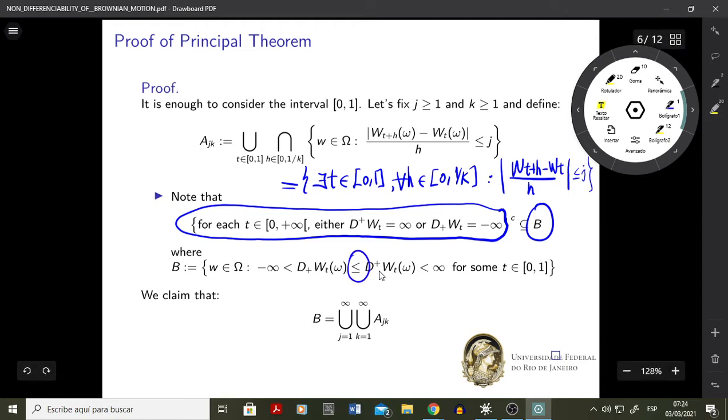These inequalities are by definition, and the others are by taking the complement of this set.